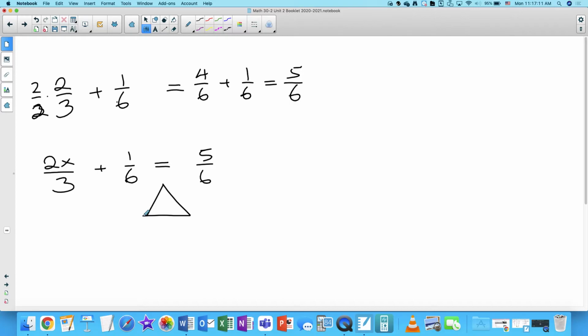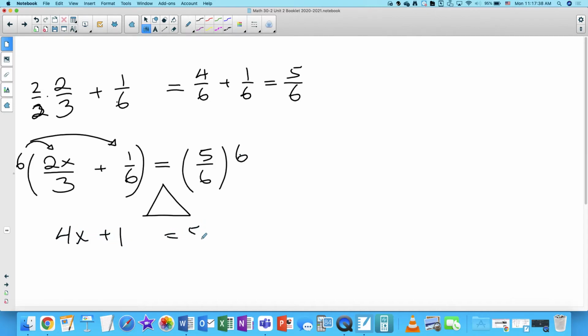If I took this expression and multiplied it by 6, I would not have the same value as before. Here, though, all I care about is that this stays balanced. So if I multiply this by 6 and multiply this by 6, this is going to be 12 over 3, so that's 4x plus 1 equals 5. And now I can keep going.